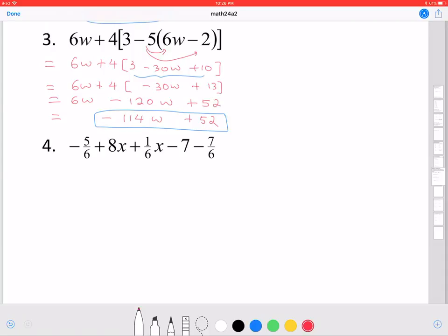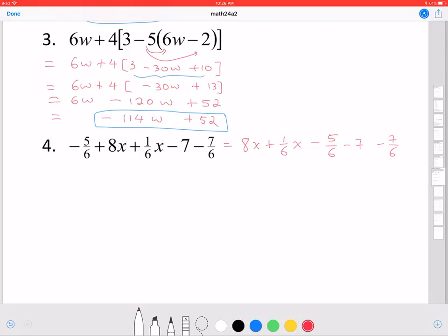Okay, the last problem. Here we got fractions. What I'm going to do here is rearrange terms. So 8x plus 1/6 x will be combined together, and negative 5/6 minus 7 minus 7/6.